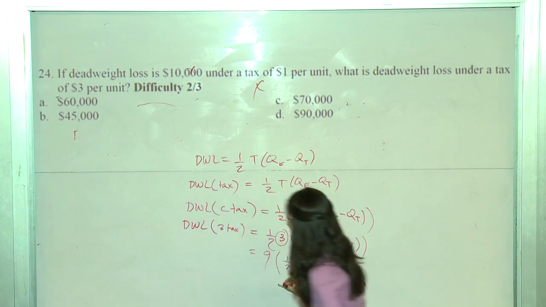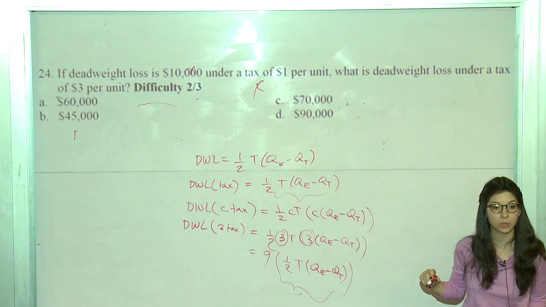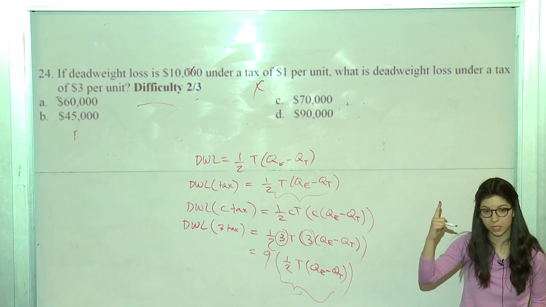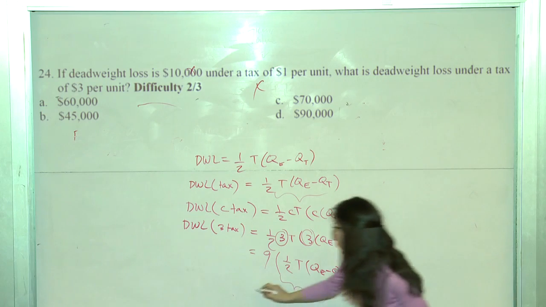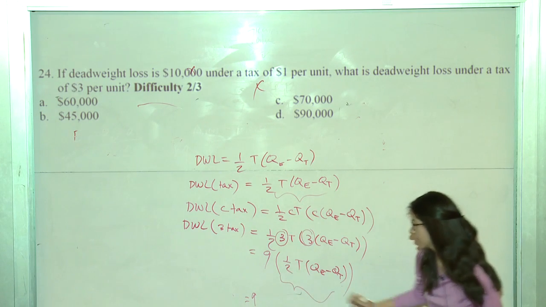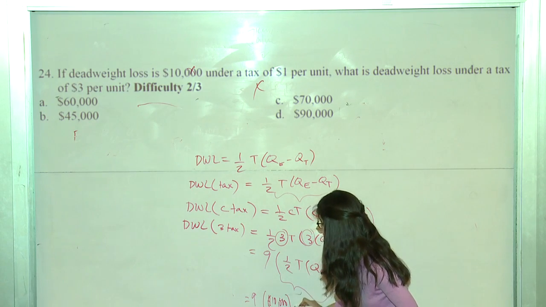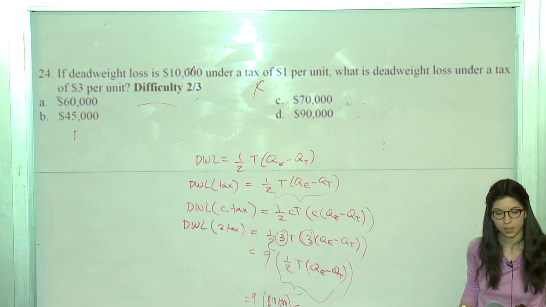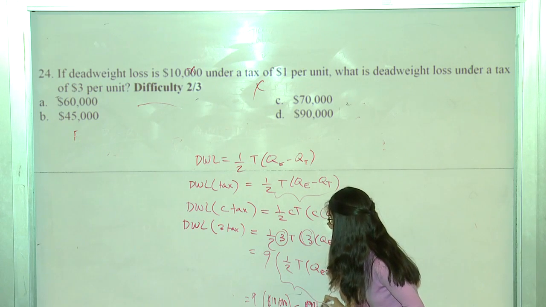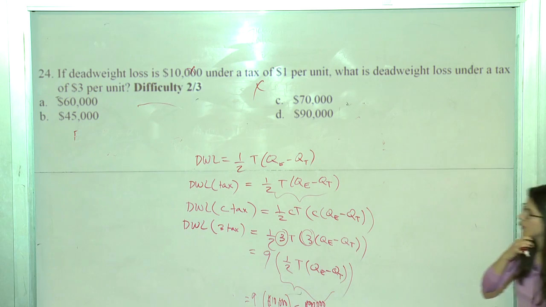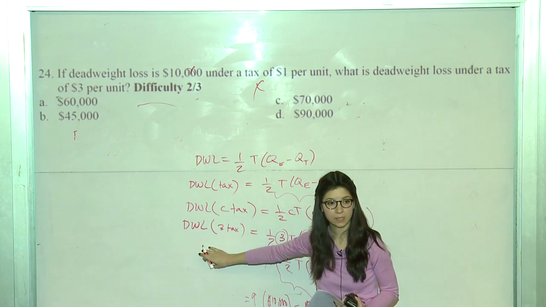This is just the same thing as the deadweight loss that we had earlier, which we were told under the $1 tax regime was $10,000. So I basically now have 9 times the initial $10,000, which means that the new deadweight loss is $90,000.